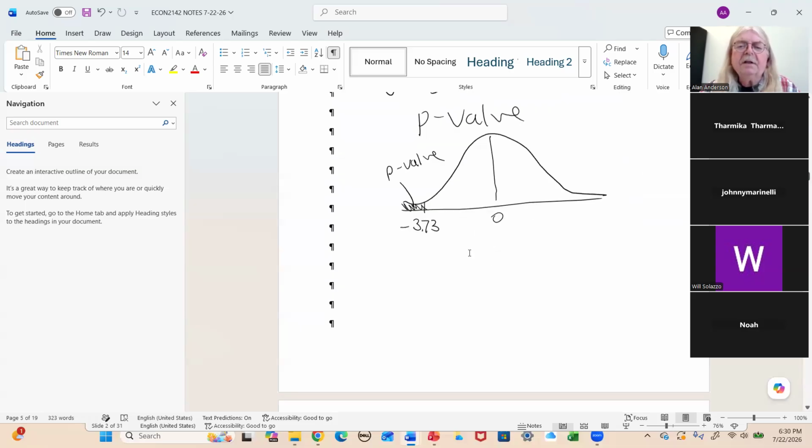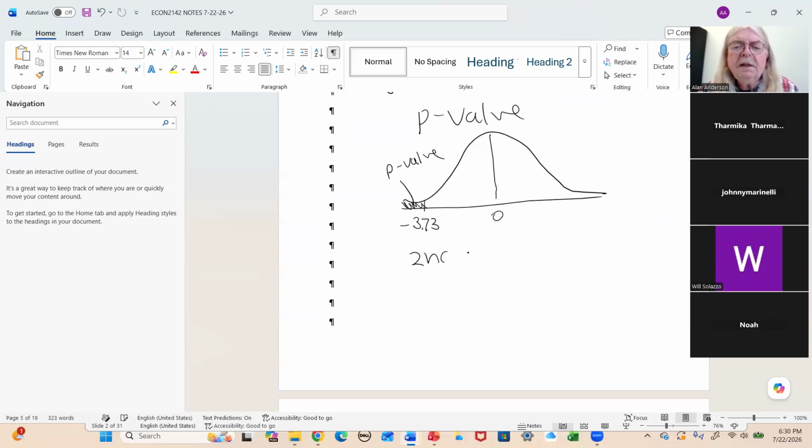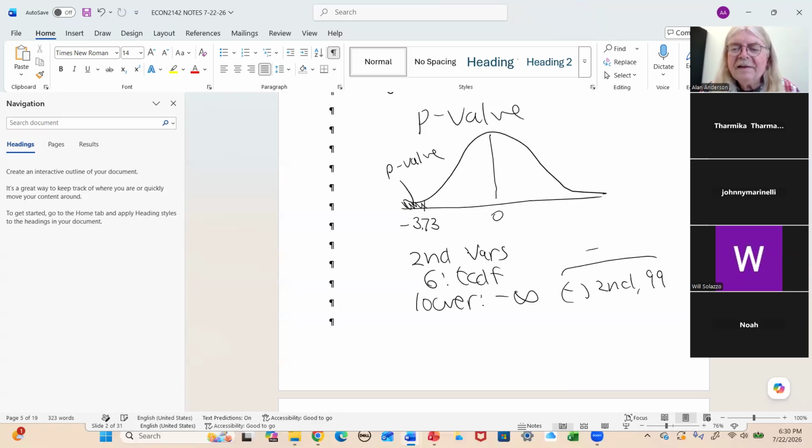So we can go to the calculator and look under second vars, number 6 TCDF. And when you get there, it'll ask lower. Negative infinity, of course, we don't have that here. So instead, we use negative E99. Upper is the negative 3.73.